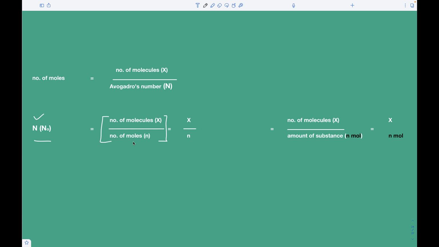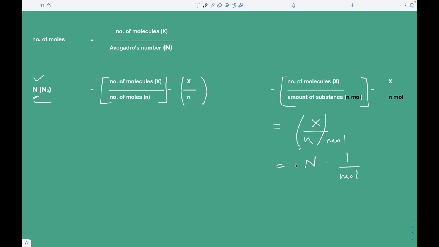But if you replace number of moles with amount of substance that has the unit mole, then suddenly this ratio will have a unit. So it becomes X over N mole. And you know X over N is equal to Avogadro's number. So if you replace X over N with capital N, we have N times 1 over mole.